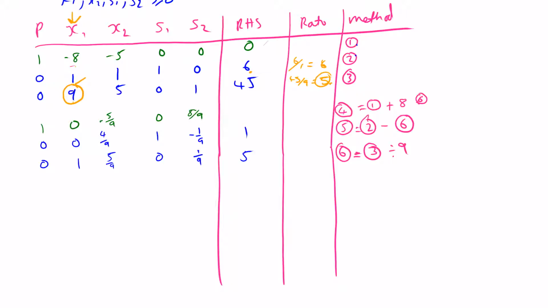It is very easy to make mistakes now, just through small arithmetic errors, so make sure you check your values carefully, and then the right hand side of this row is now going to be 40.